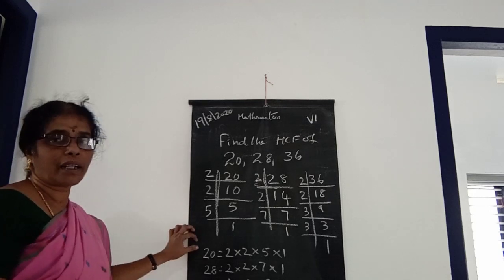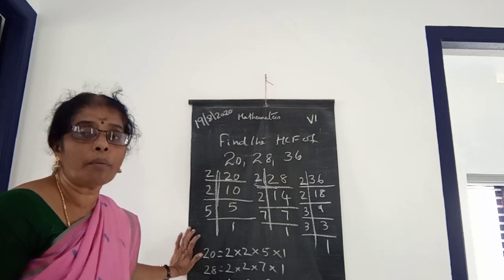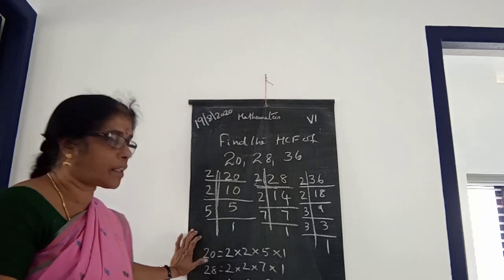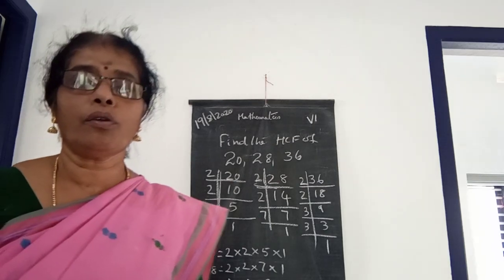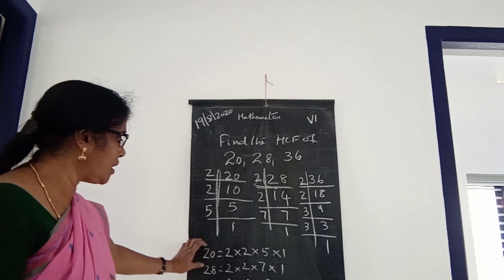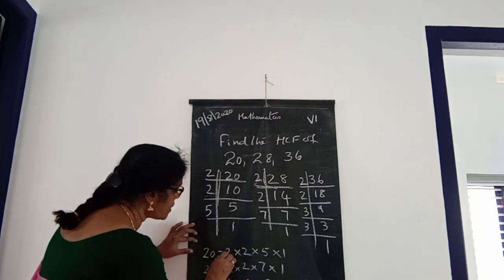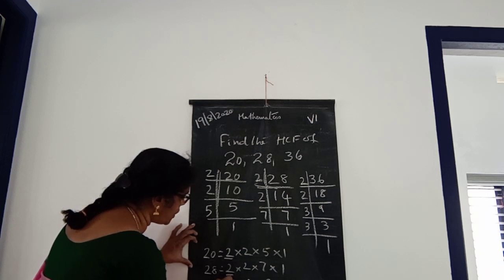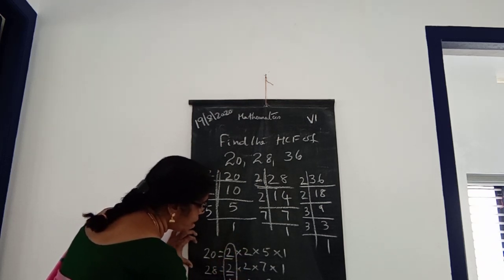From these factors, we want to find out which are the common factors in these 3 numbers. 2 is in all of them, so this 2 is the common factor.